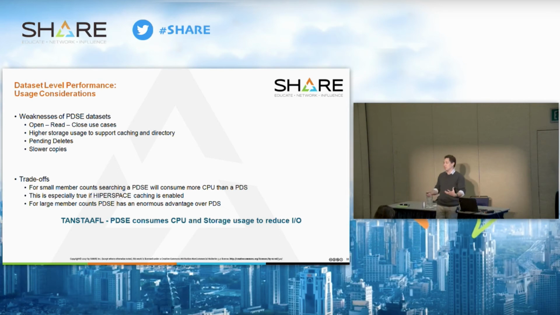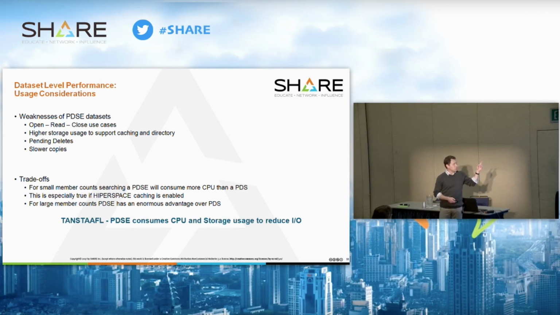So what are the weaknesses now of PDSEs? There are a lot of strengths, but open, read, and close use cases. If all you're doing is opening, reading a single member, and then closing it again, and doing that over and over again, our overhead is higher than a PDS in some of those cases, especially if it's a very small PDSE.